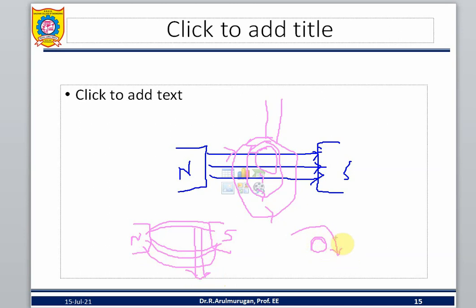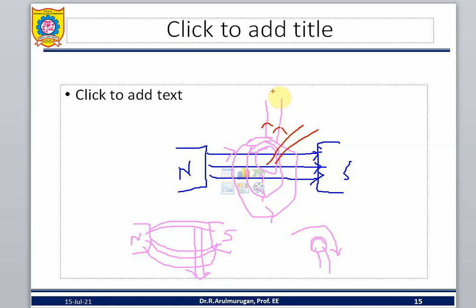Due to the rotation, some EMF is induced. This induced current is in the opposite direction to the supply voltage.